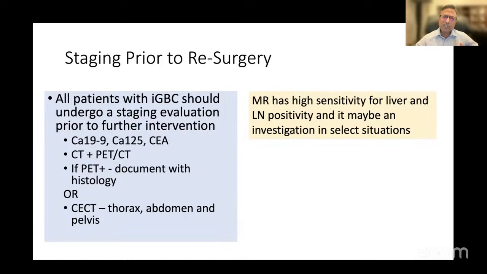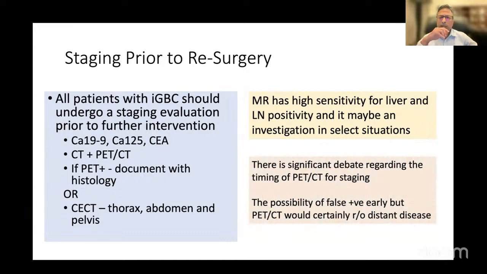You have some role of MR in terms of determining liver invasion or liver involvement and lymph node, and it may be selectively used. And of course, there is also a debate that when you do PET-CT quite early, you may have a doubt about the uptake, that level of uptake of FDG may also be a false positive because of the post-operative changes in the area of the cholecystectomy.